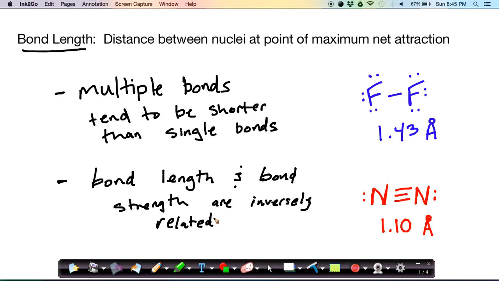This means that shorter bonds tend to be stronger bonds.